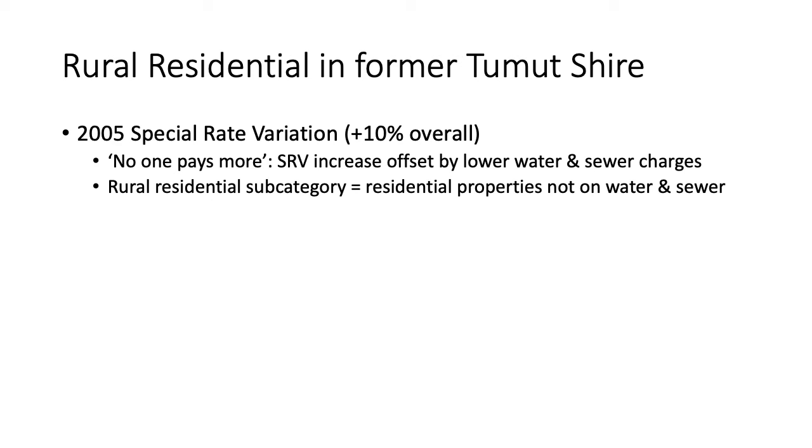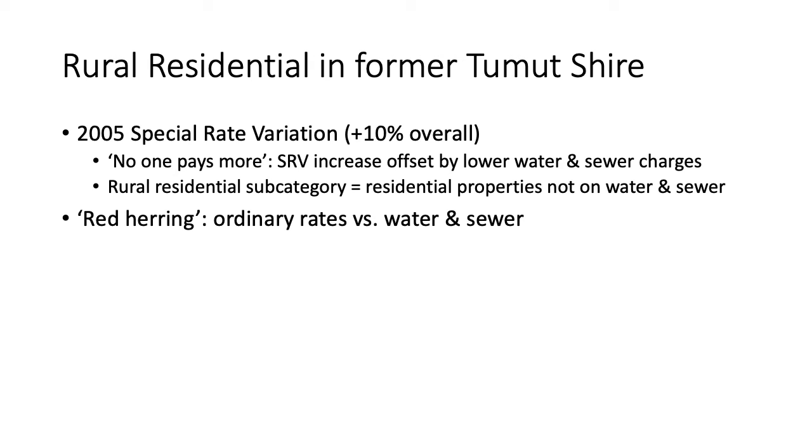So the rural residential subcategory was simply those residential properties not connected to water and sewer, and so not benefiting from the reduction in water and sewer charges. While this approach was in some respects understandable, it was a red herring. The ordinary rates are not related to the water and sewer charges. Councils need to run these two operations as distinct businesses and generate the revenues from these areas to pay for these services.